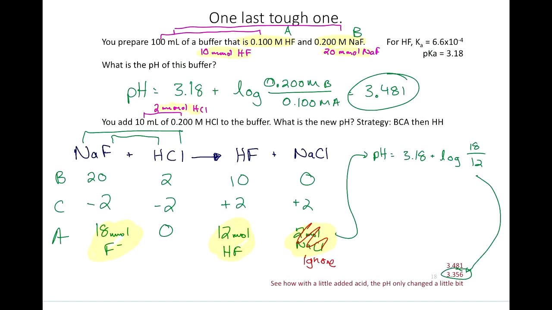When you have a buffer system and you add a strong base or a strong acid, what you're doing is just doing a BCA table. You're just changing the ratio between the base and acid, plugging it into the Henderson-Hasselbalch, and you see that the pH doesn't change that much when we start with a buffer. Versus if you just put acid into straight water, the pH is going to change drastically because all that H plus goes into changing the pH.